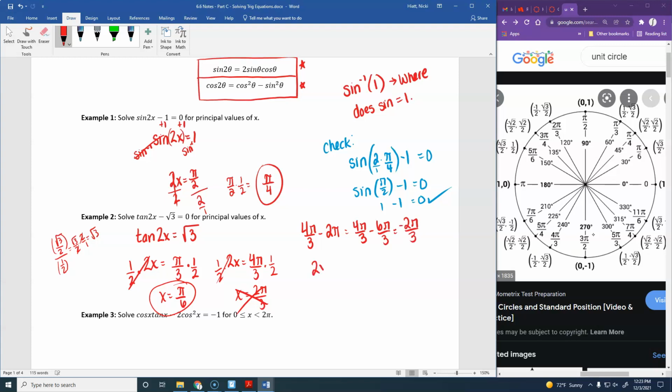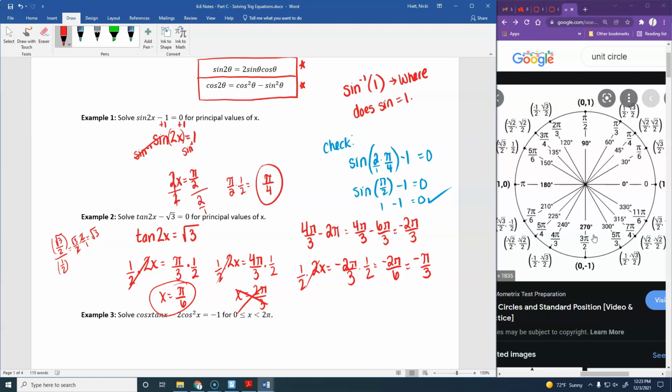So if I do 2x equals negative 2 pi over 3, and I multiply both sides by 1/2, I will get negative 2 pi over 6, which is negative pi over 3.